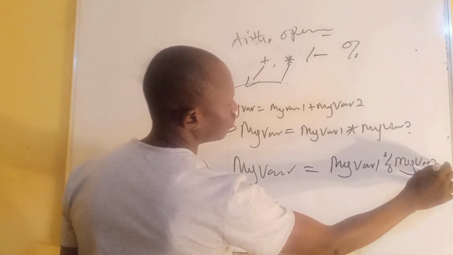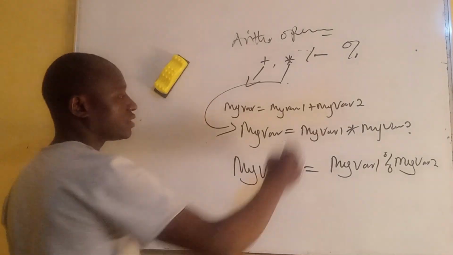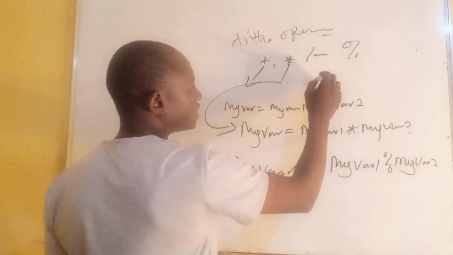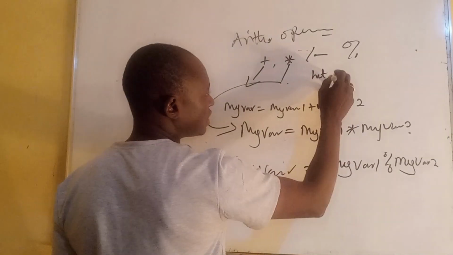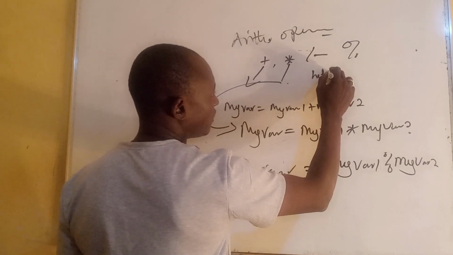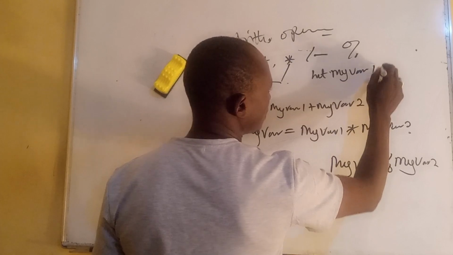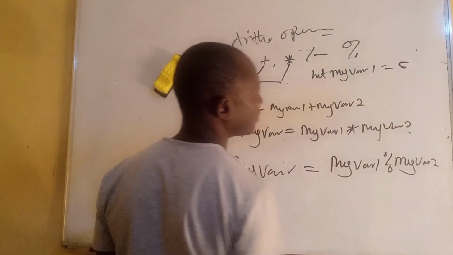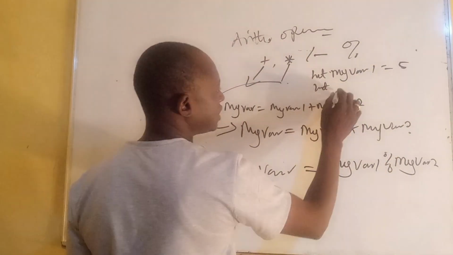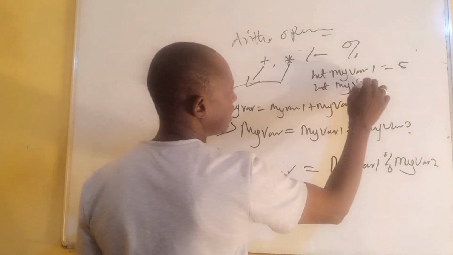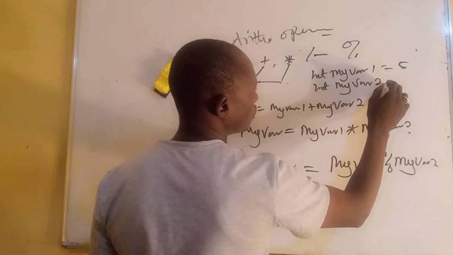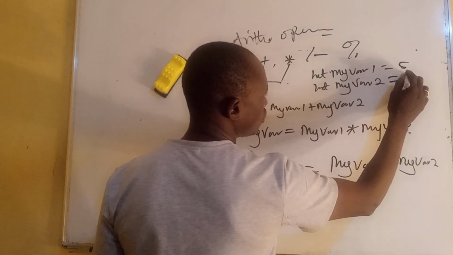Here, let's assume you set int myVar1 is equals to 5. And again, you set int myVar2 is equals to 2.